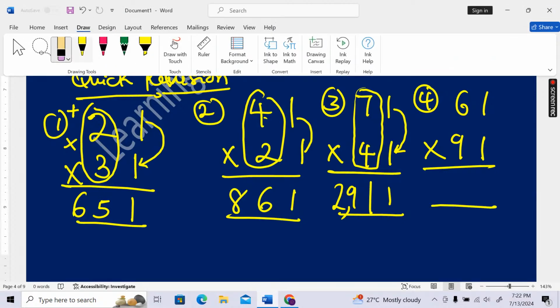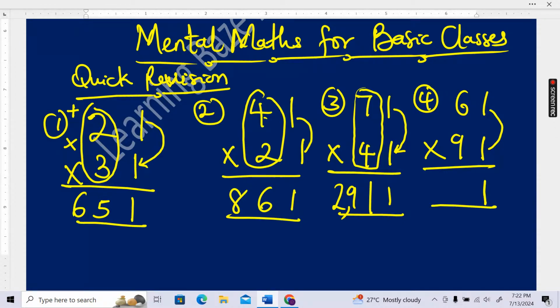So let's do the fourth one. 61 times 91. 1 times 1, that is 1. Then let's add 6 and 9 together. 6 plus 9 gives 15. Write 5, carry 1 over.